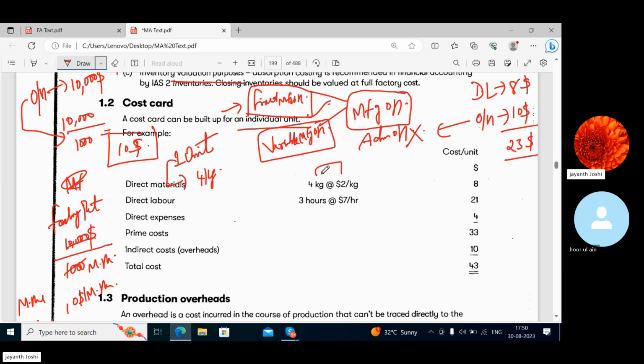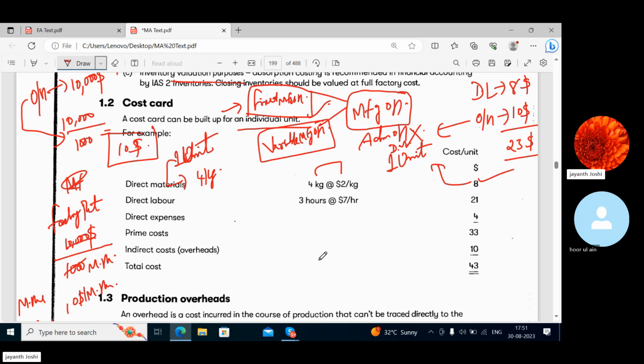So 4 kgs of raw material is what I am using for making 1 unit, and each kg costs me $2. So 4 kgs would totally cost me $8. That means $8 I'll be spending for 1 unit of direct material.